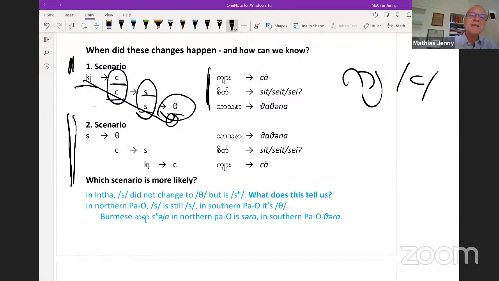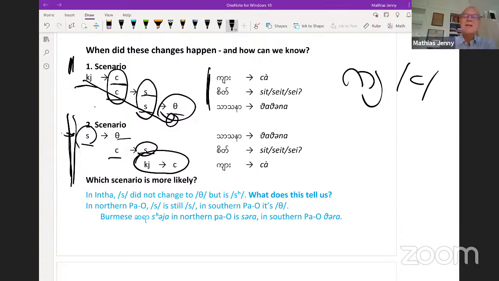Whereas if first sa changes to ta and nothing else happens to ta, that just remains, then cha changes to sa. Now this change has already happened. So the new sa does not change to ta anymore. This step is completed. So the new sa is safe from the change.